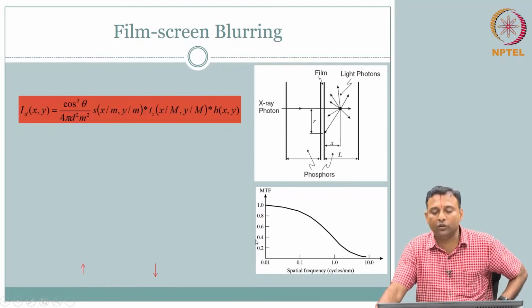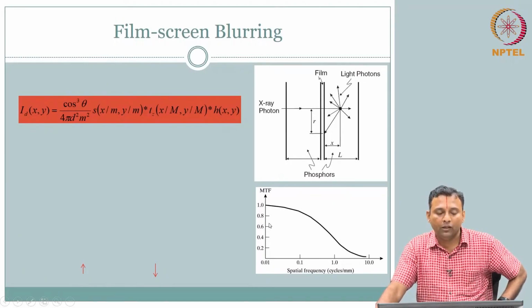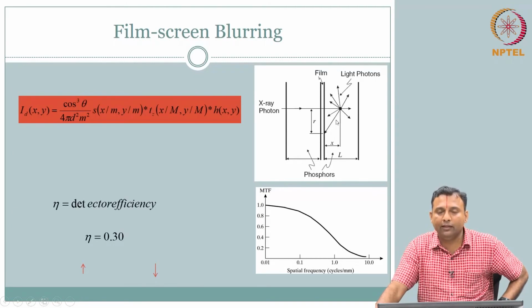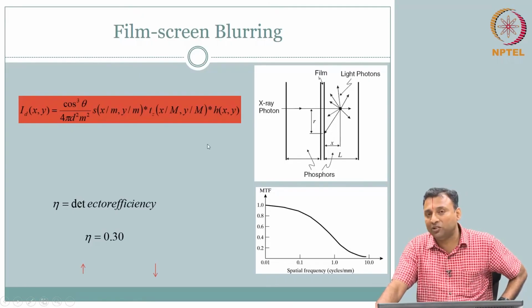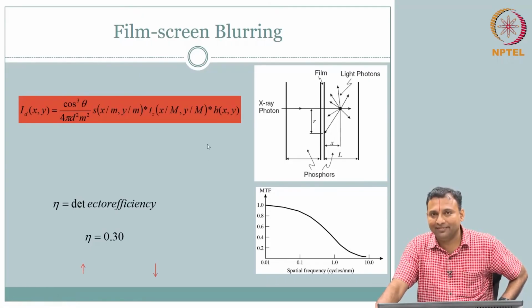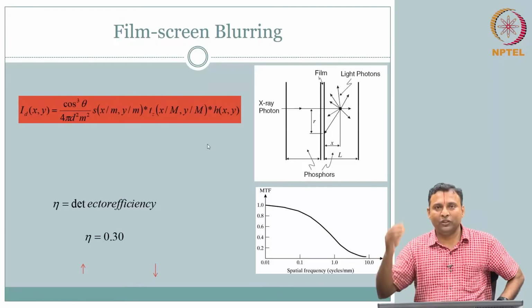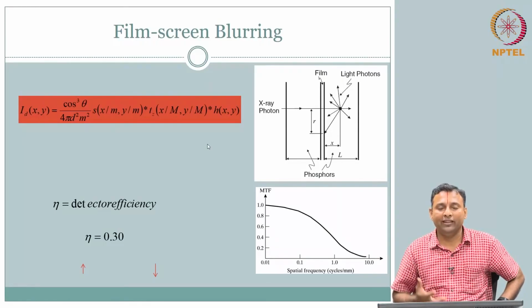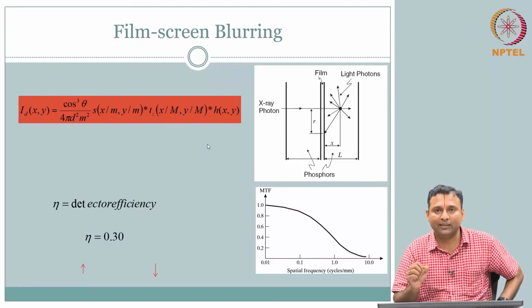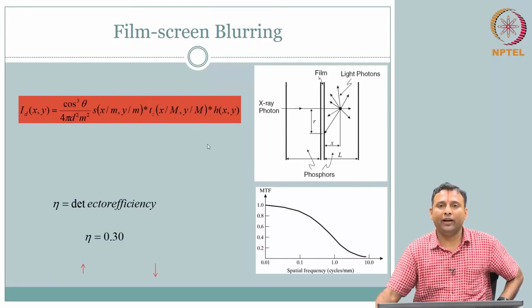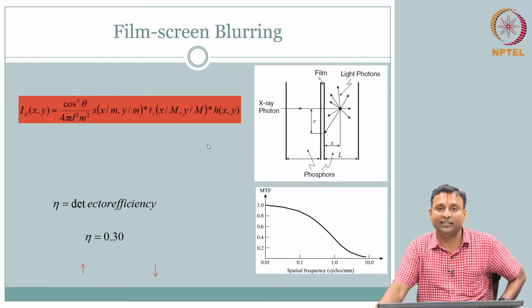This is how it typically looks for the film screen. Here the detector efficiency is about 30%. If it was direct X-ray, it was about 2%, without any film screen. As we discussed in the instrumentation of film screen, the idea of intensifying screens, eta is equal to 0.3, so only 30% efficiency, even this.